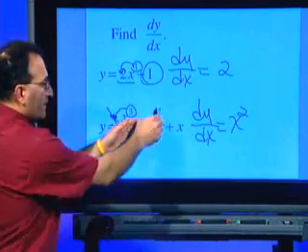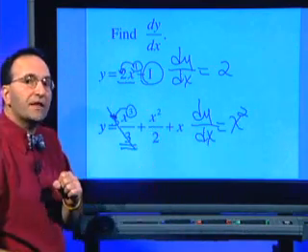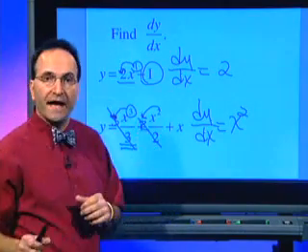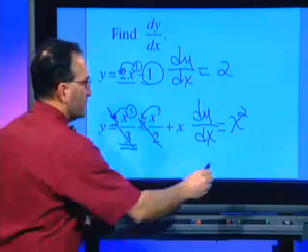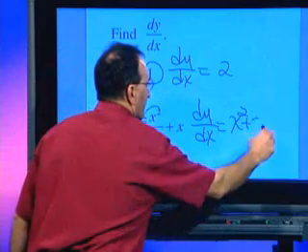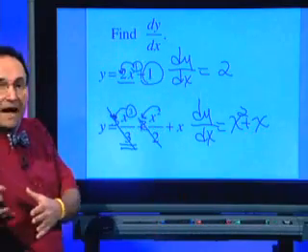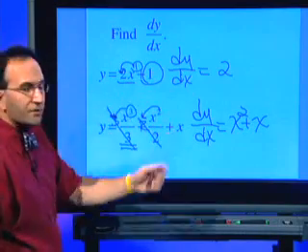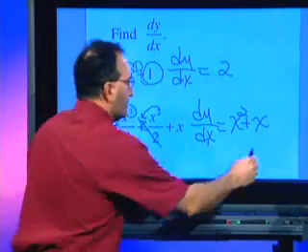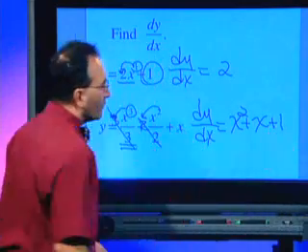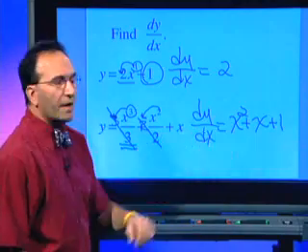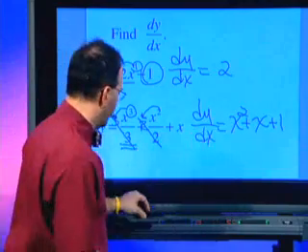Then we apply the power rule here, and the same type of thing is going to happen. When we bring the 2 down, it's going to cancel there. And that's going to leave us with just plus x. And then finally, the derivative of x, we've already seen up in here, the derivative of x is just 1. So the derivative of this function is x squared plus x plus 1.